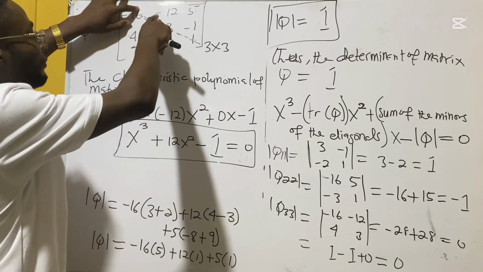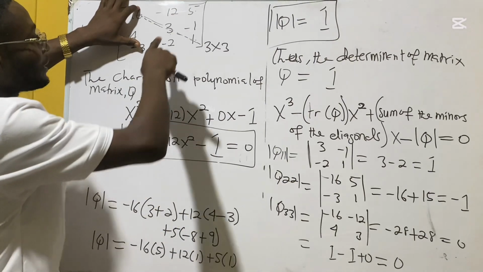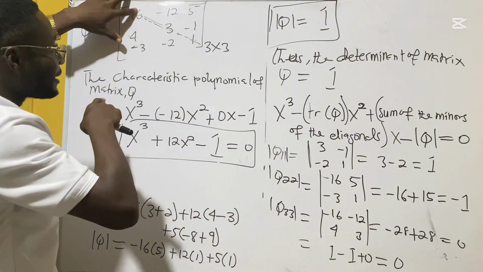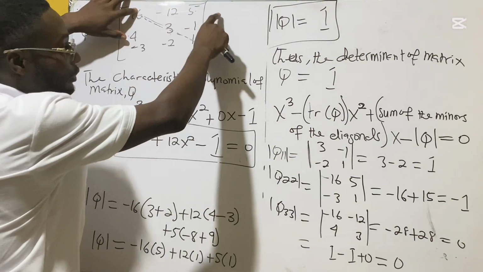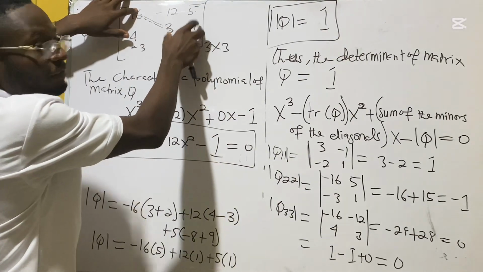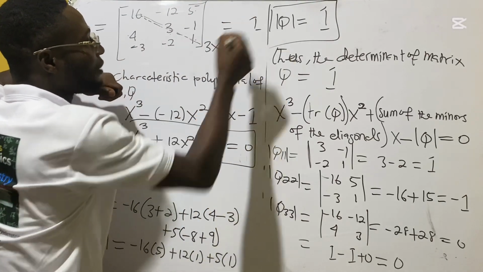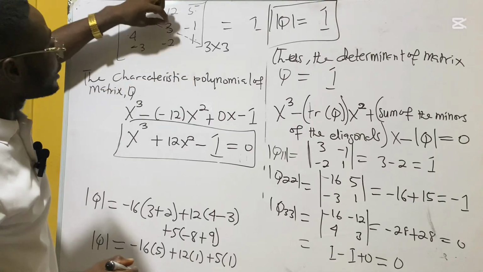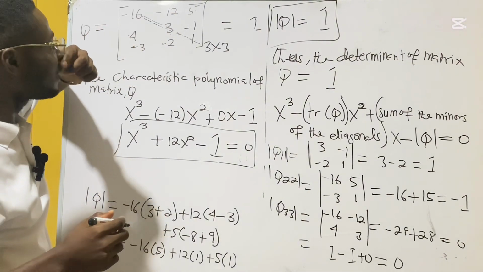Then you find the determinant of the elements that are left, right? So when you cover this element, you cover everything on that column, cover everything on that row. So we find the determinant of this, then we put it down. We had positive 1. Then you come down to find the determinant of this as well.